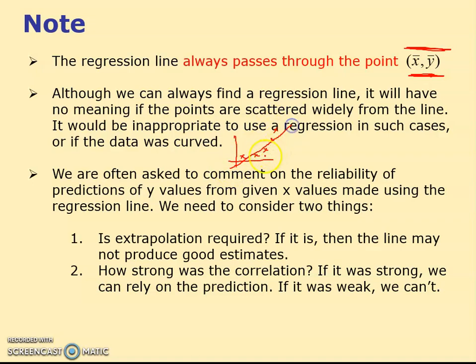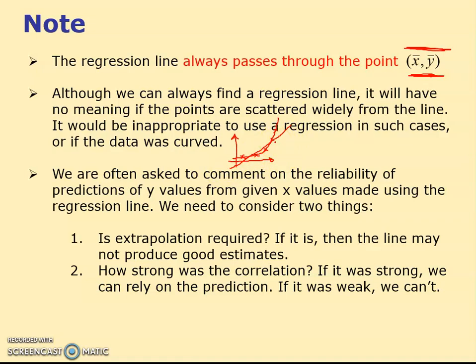You can see it kind of fits, but really the regression line you wanted was a curved one, and that's not on our syllabus. So if you got this, you would say it's curved, therefore I can't do it. Whereas perhaps at university, you'd find what that was. So just be aware of that.